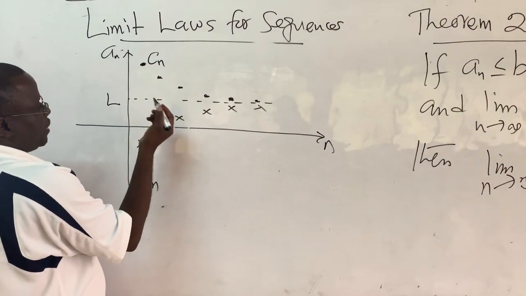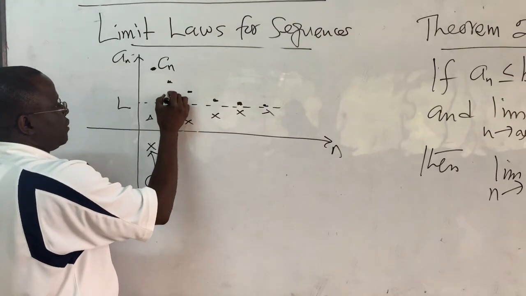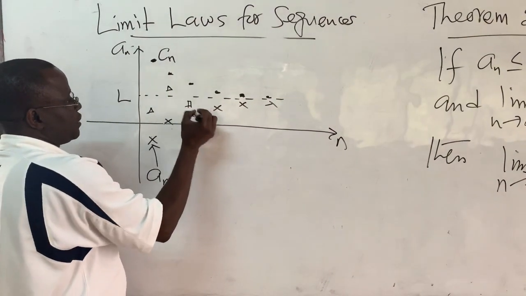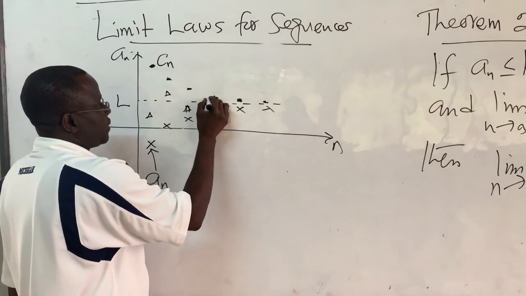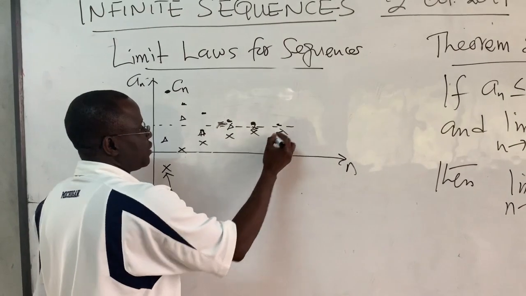Let's say it's something like this. This is the sequence, and this is another value, another point.